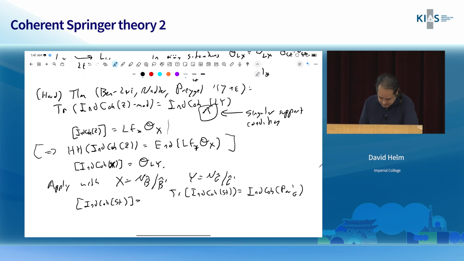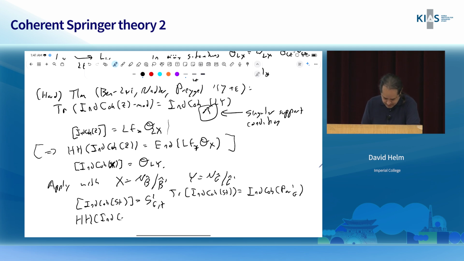Moreover, the trace of INDCO of Steinberg is the push forward from Lx to Ly. That's the push forward of the structure sheaf. Sorry, this should be OLX. And that's exactly what we called the Springer sheaf S1 GT.